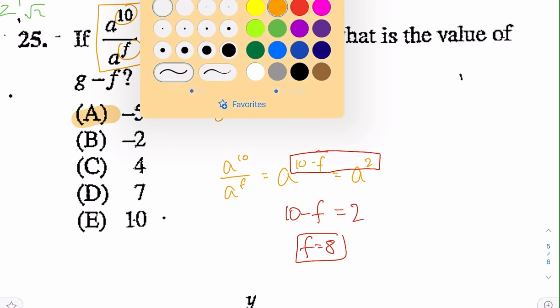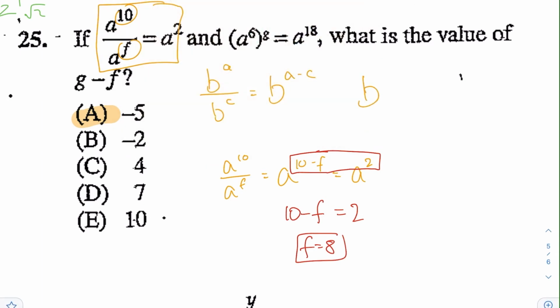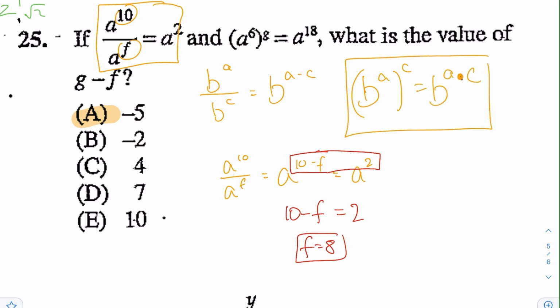Now for the second part, you have to use this law of exponents, b to the a raised to the c power is b to the a times c. So you're multiplying the exponents when you do a power to a power. And this is actually a g, not an 8. So here, you have to multiply 6 times g.